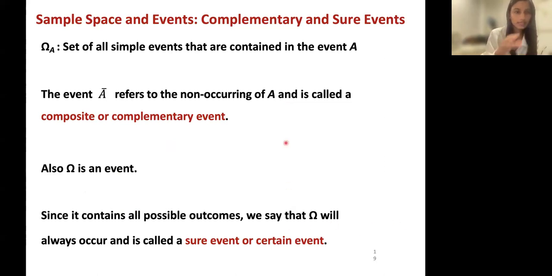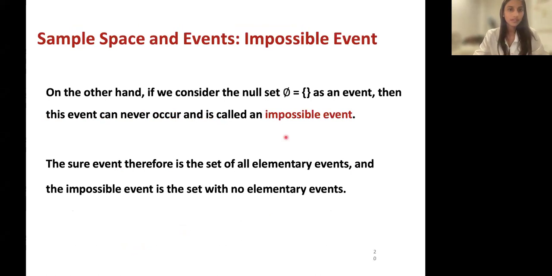Since omega, the sample space, contains all possible outcomes, we say that omega will always occur, and it's called a sure event or certain event. It's sure that any of those elements can happen.